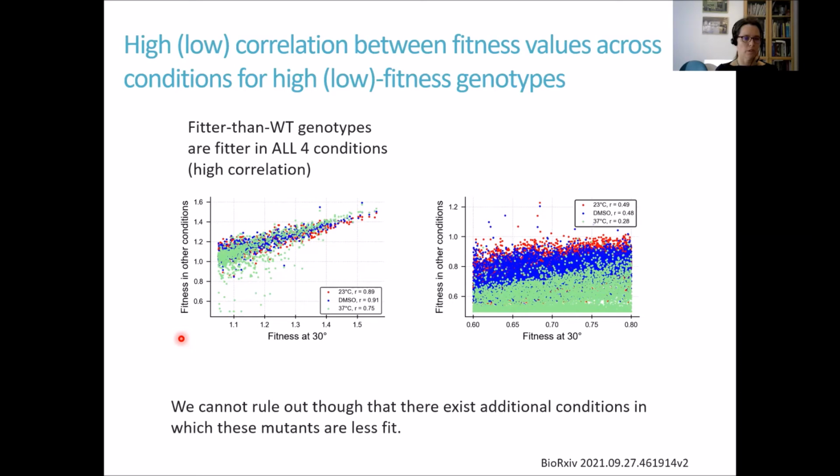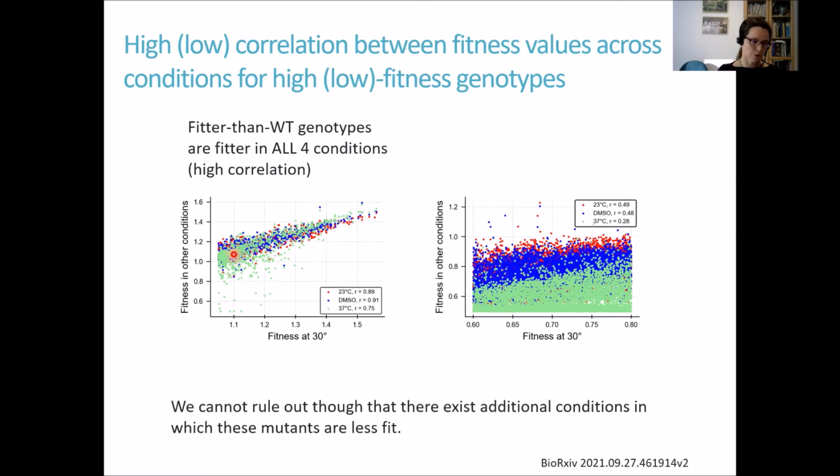So what we did here is simply look at the correlation in fitness values between conditions. We plot here the fitness of genotypes in 3 conditions, 23, oxidative stress, and 37 degrees, against their fitness at the 4th condition, which is 30 degrees. The left graph is for the high fitness genotypes. The right one is for the low fitness genotypes.